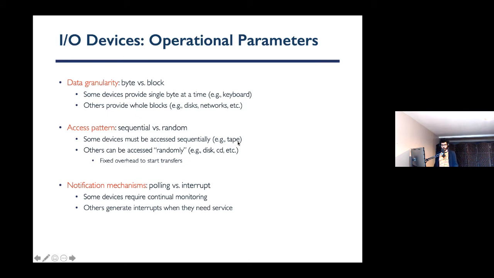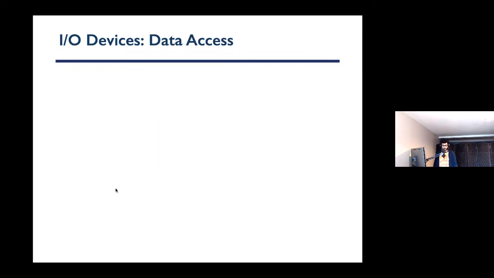You probably don't remember tapes. In those, you basically have sequential access only, whereas in disks and SSDs or flash memories, you have random access. Then is the notification mechanism. Are you going to be interrupted every time the device has new data, or do you want to poll the device to know when the data is ready?